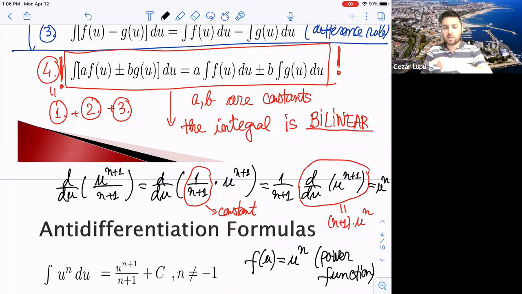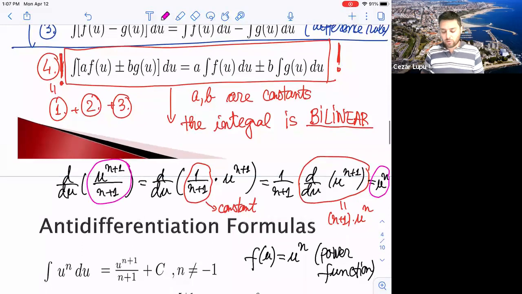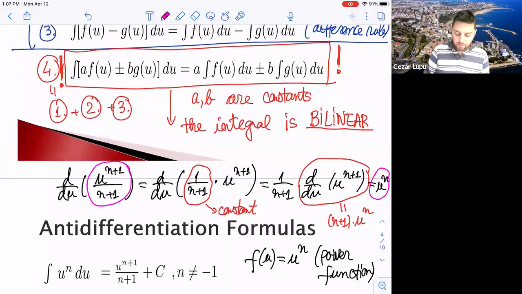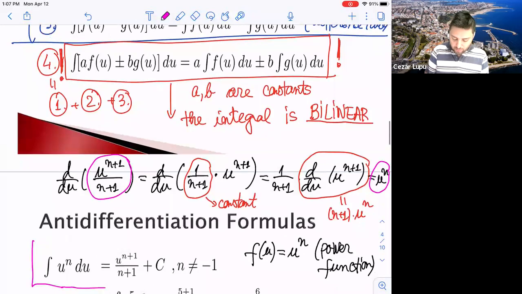Now I'm going to reverse the operation and say that the antiderivative of u to the power n is u to the power n plus 1 over n plus 1. Well, not just like that; it's one of them. You need to add a constant. So to express this in the best way possible, we can write this in terms of our notation. We can write it in this way.